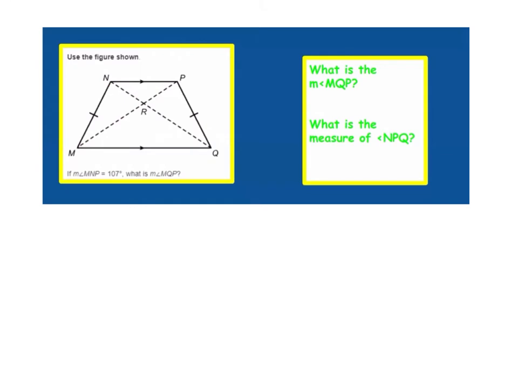We've got to find the measure of angle MQP. All right, so first I don't know where MQP is. I got to figure that out. MQP. Okay, and oh, it tells me a little information. It tells me MNP is 107.